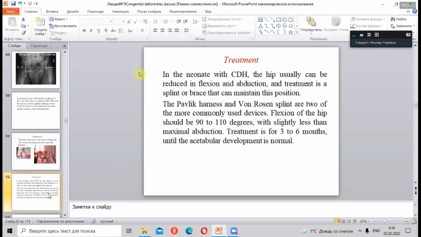Flexion of the hip should be 90 to 110 degrees with slightly less than maximal abduction. Treatment is for 3 to 6 months until acetabular development is normal.